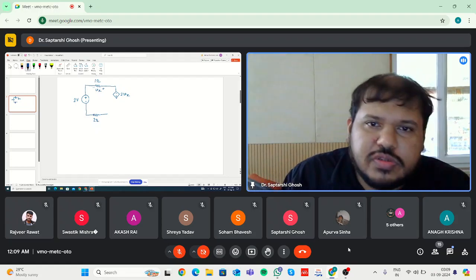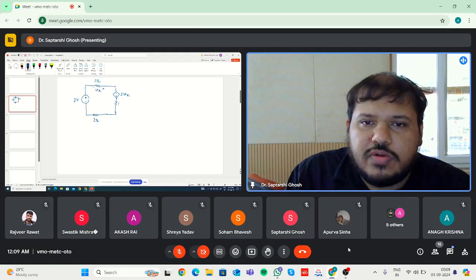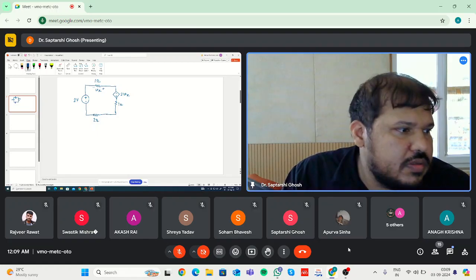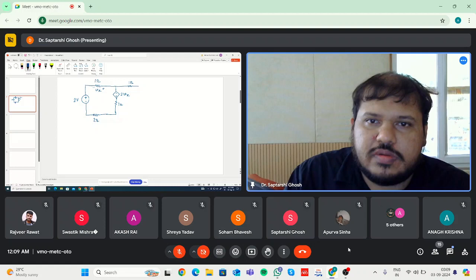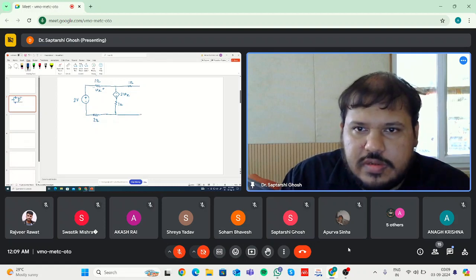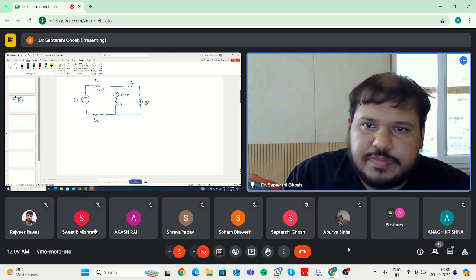Okay, so this dependent source is there, and there is this resistance value of 1 ohm. Then there is another resistance of 1 ohm. And there is a current source of 2 ampere.